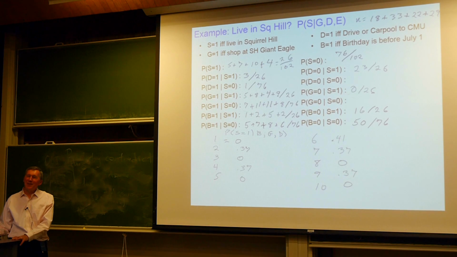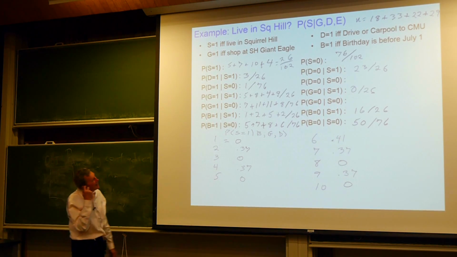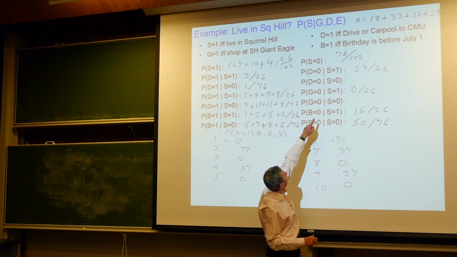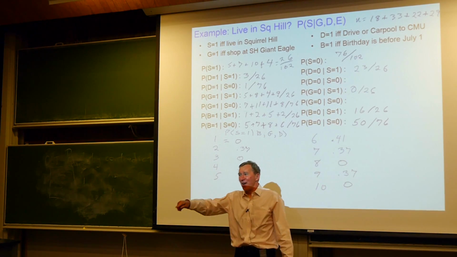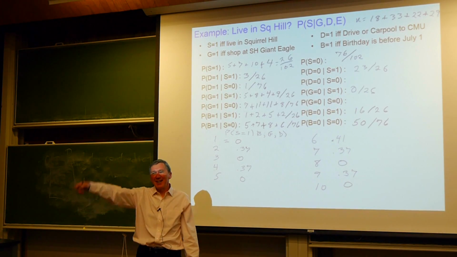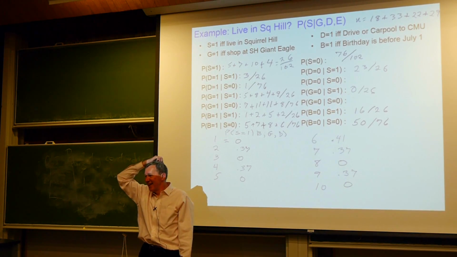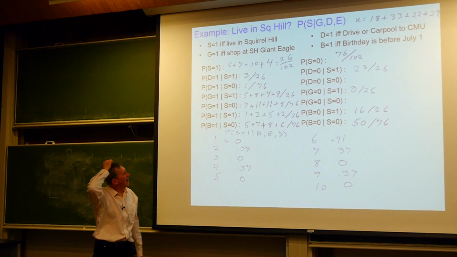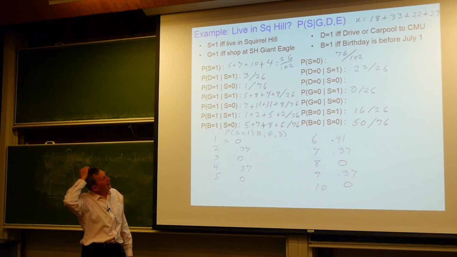So there are 5 people in this class who live in Squirrel Hill and do not shop at Giant Eagle, and they're all sitting in this column? No, I mean, these people don't necessarily live in Squirrel Hill, right? They just don't shop at Giant Eagle in Squirrel Hill.